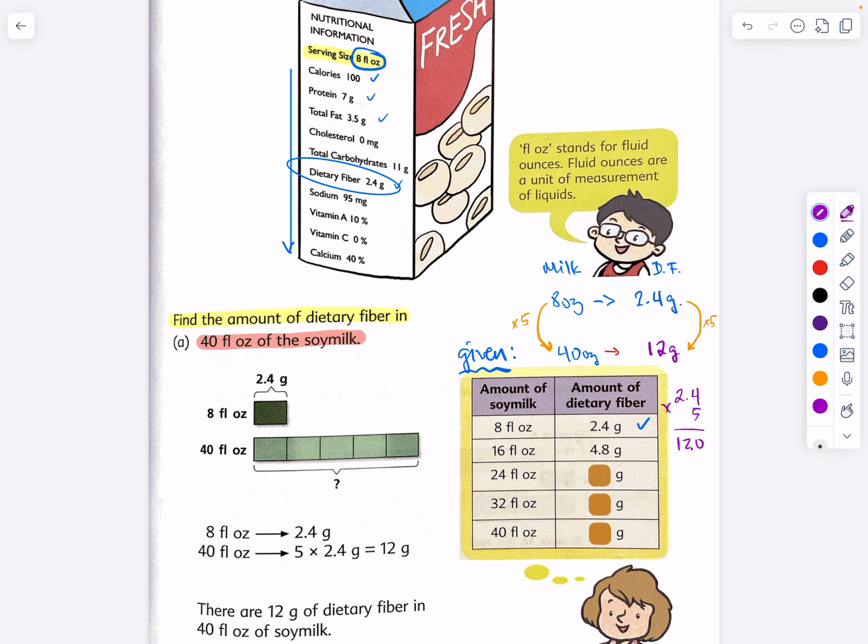So 12 grams of dietary fiber will be in 40 ounces of milk. Notice, if we double the quantity on the left, we must double the dietary fiber on the right. If we triple, times 3, we must triple the amount of fiber.